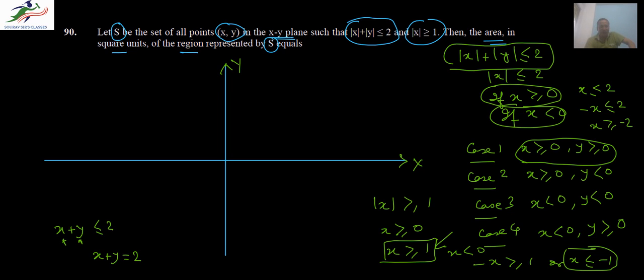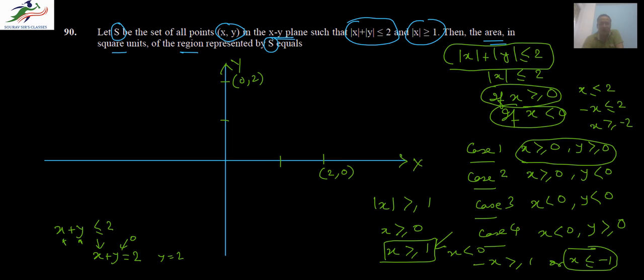So if I put x equal to 0 here, then y becomes 2, and that means that it would intersect the y axis at the point x equal to 0 and y equal to 2. Similarly, if I put y equal to 0 here, x becomes equal to 2, so it would intersect the x axis at the point 2, 0.